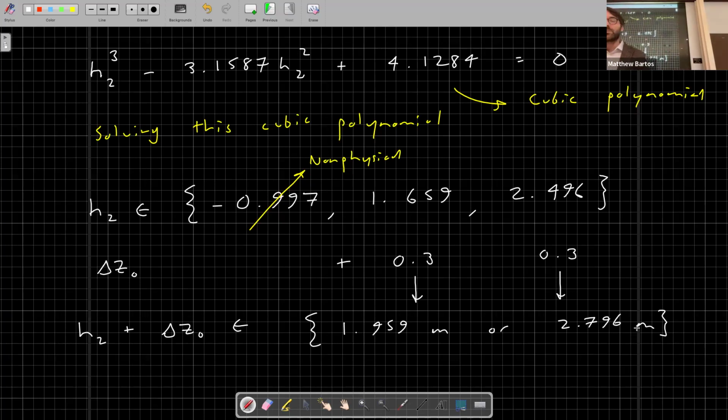So we have 2 different answers here. What do you think these 2 answers correspond to? Why are there 2 different values for the depth that it can take?